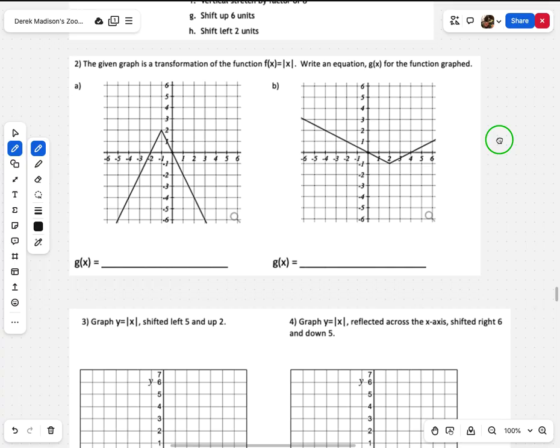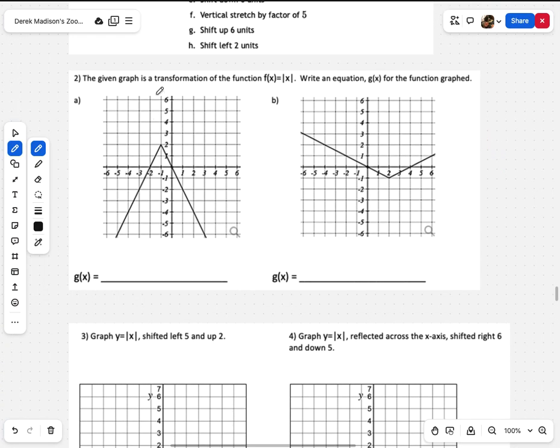This next question is asking us to write the equation for this absolute value. For this, it's helpful to take a look and see what happened to it. Let me change colors here. It's our regular parent function, so let me actually draw that in here.